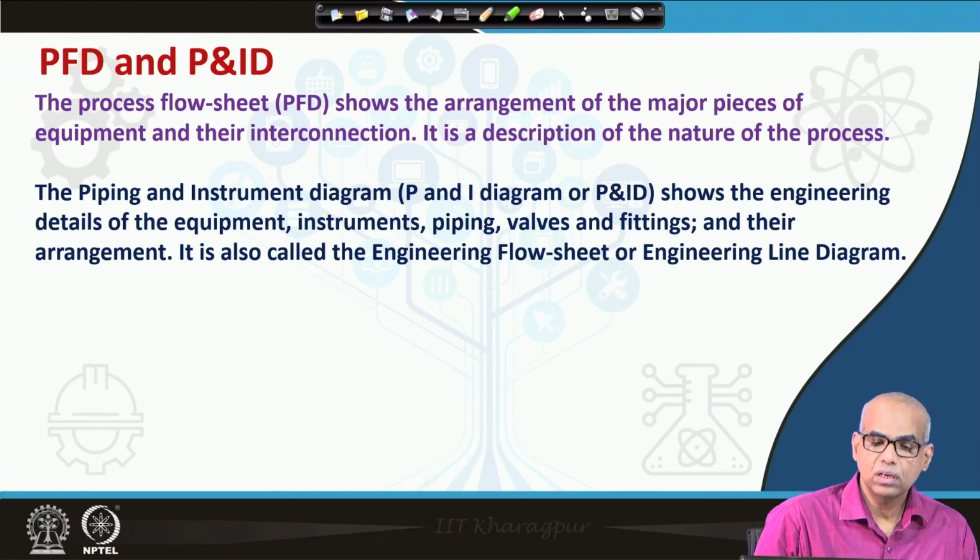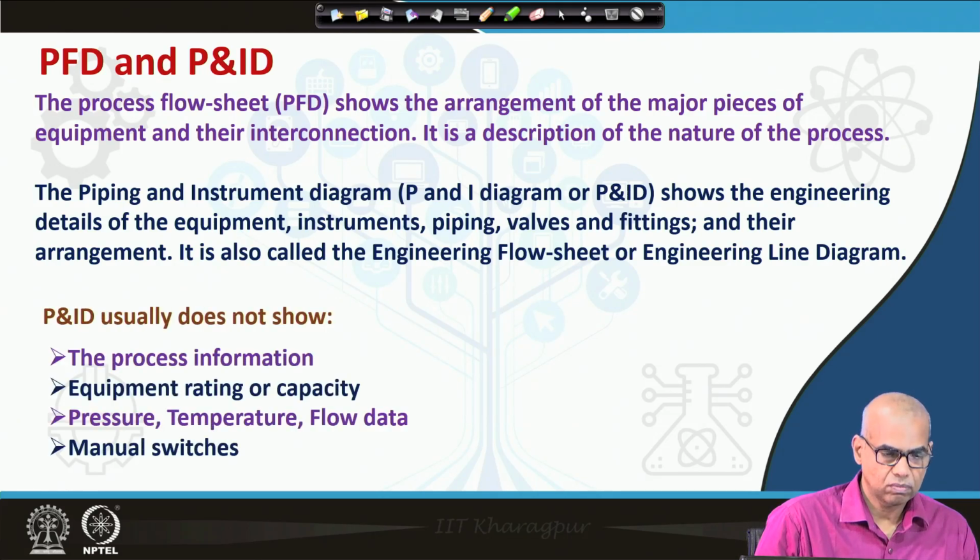It is also called the engineering flow sheet or engineering line diagram. However, there are certain things which the piping and instrumentation diagram will not normally show. For example, it usually does not show process information, equipment rating or capacity, pressure, temperature, flow data and manual switches.